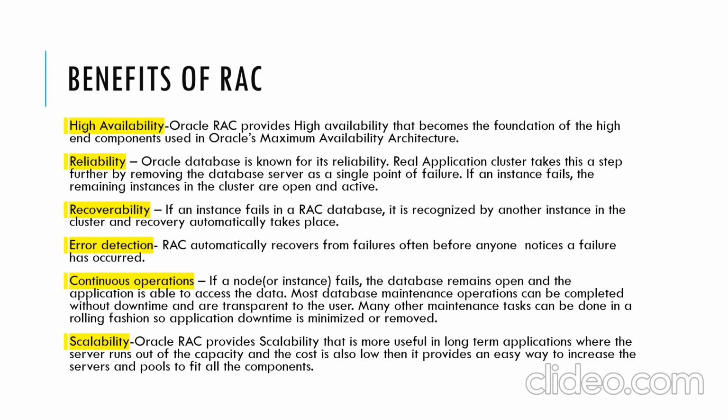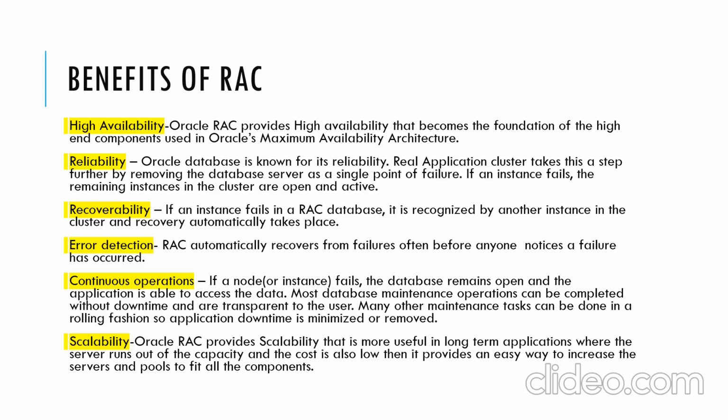Continuous operations. If a node or instance fails, the database remains open and the application is able to access the data. Most database maintenance operations can be completed without downtime and are transparent to the user. Many other maintenance tasks can be done in a rolling fashion, so application downtime is minimized or removed.